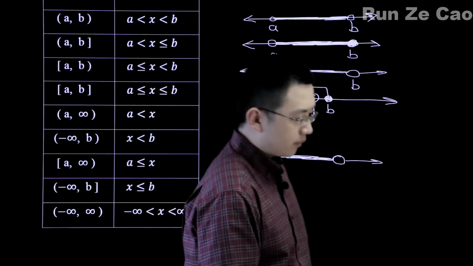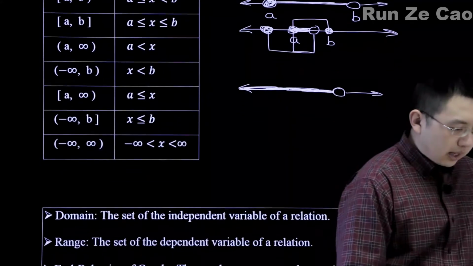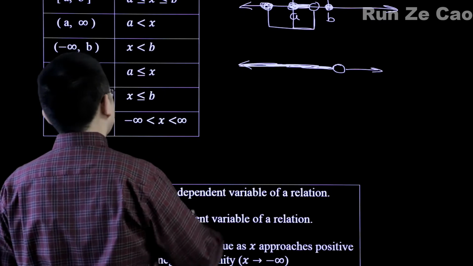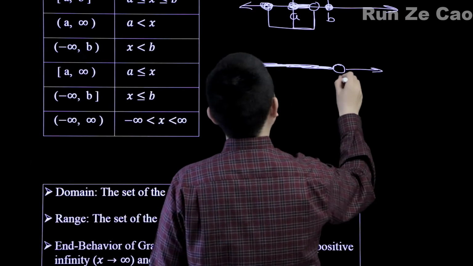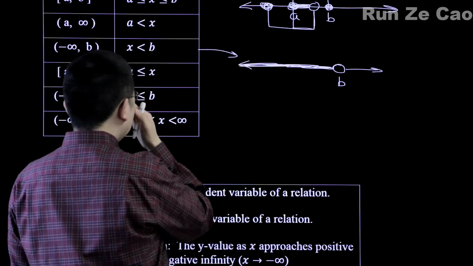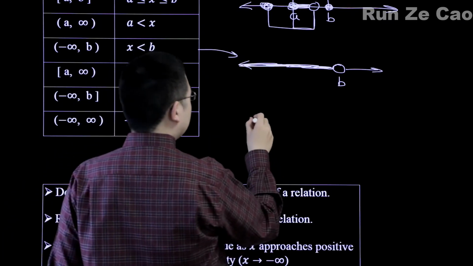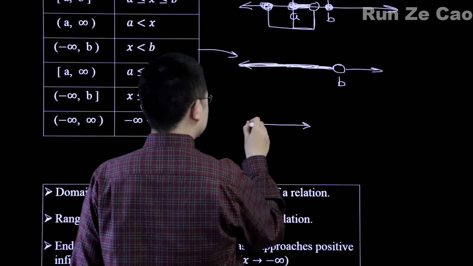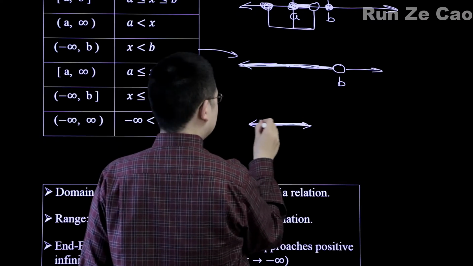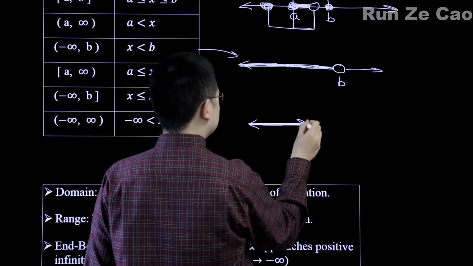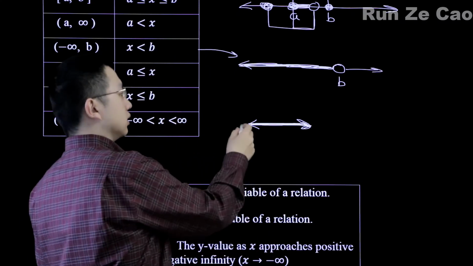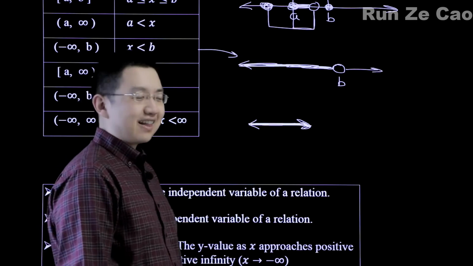Okay. What happens if it's just the entire number line? Oh yeah, in this particular case, I should probably label this as B, corresponding to, well, this diagram. What happens if it's the entire number line? Well, you just bold the entire line, and that's it.